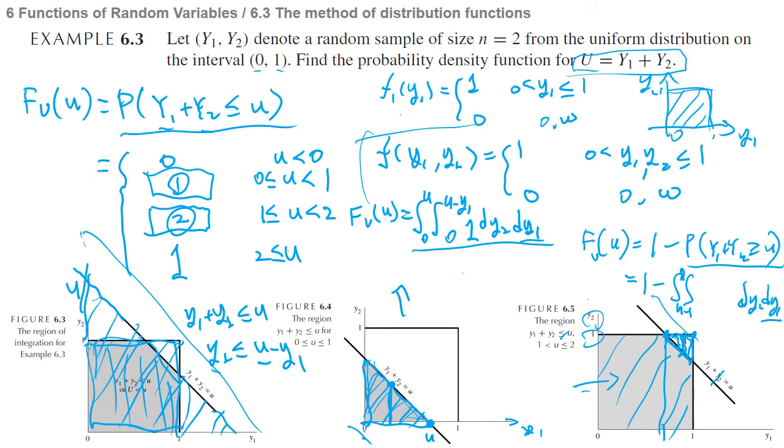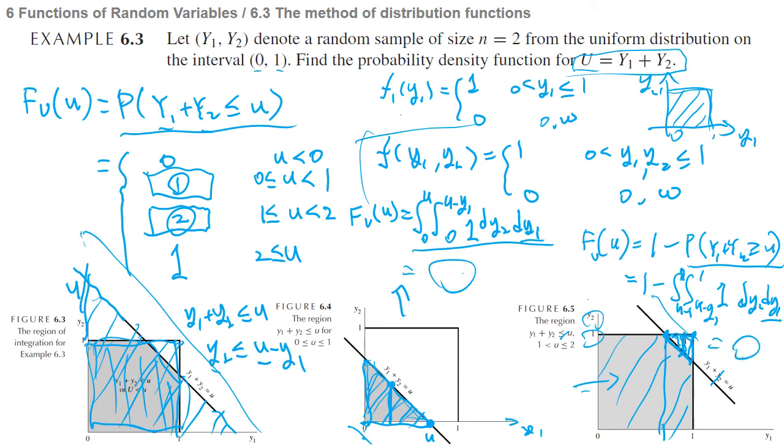And y2 is defined from u minus y1 to 1. Okay, so you can calculate this probability by yourself.